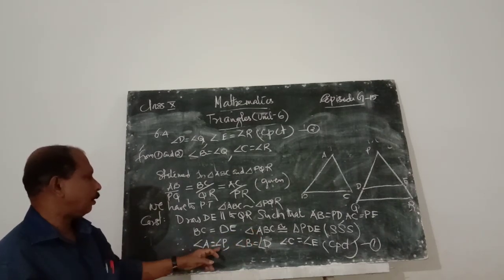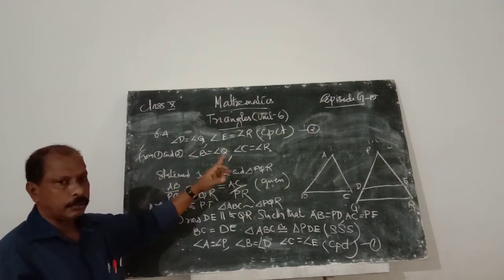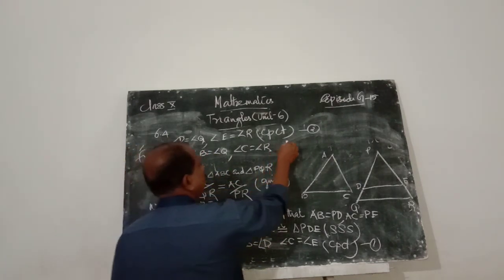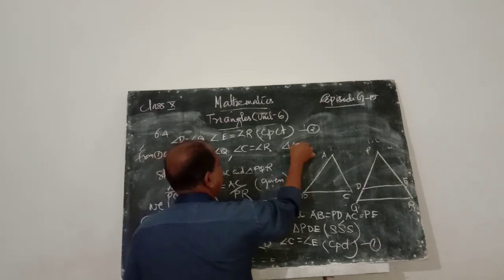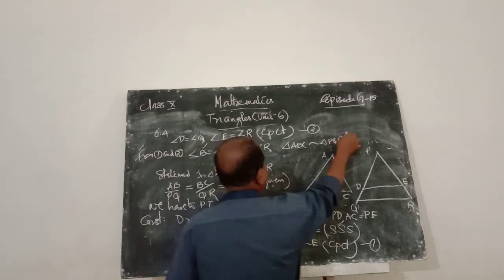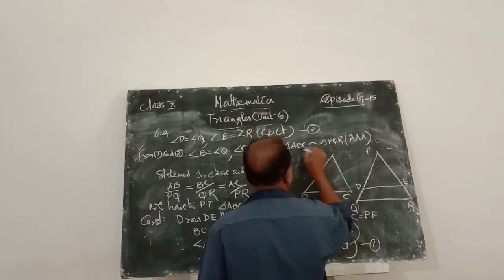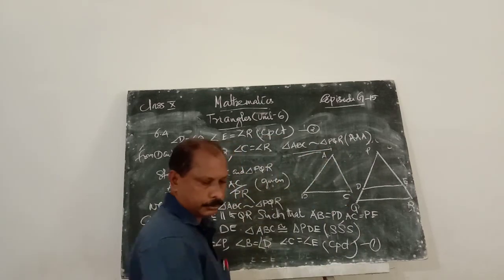Corresponding angles are equal. And we know that angle B is equal to angle Q, angle C is equal to angle R. Therefore, triangle ABC is similar to triangle PQR. That is AAA criteria. That is the proof. Okay.